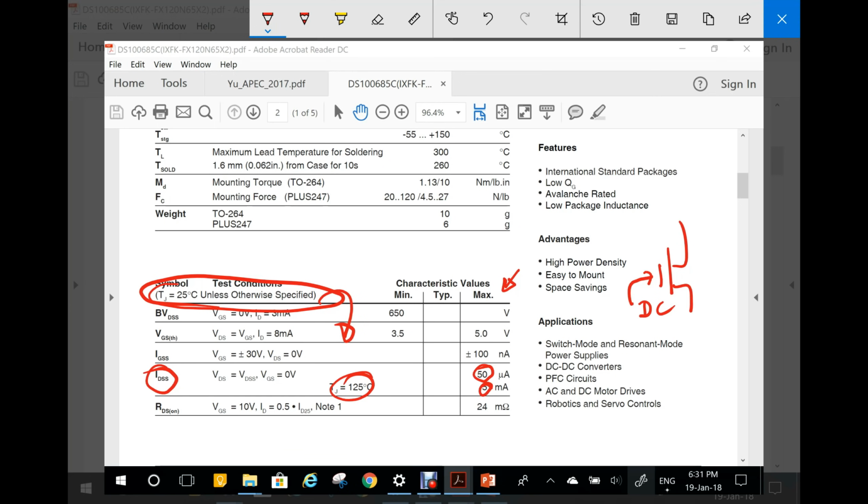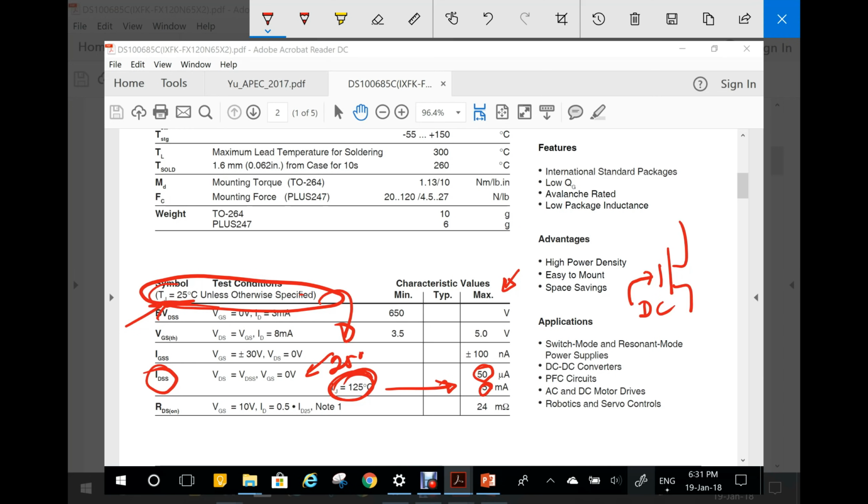You have to be very careful to look at it, because while it doesn't say anything else, like here, this means 25 degrees, because this is what it says in here, okay? And only if it says another temperature, then this will be corresponding to this value.